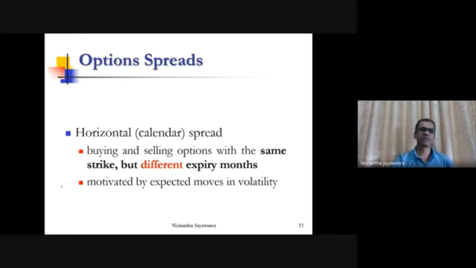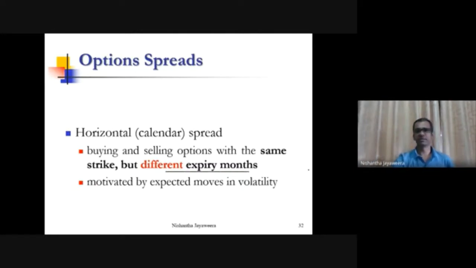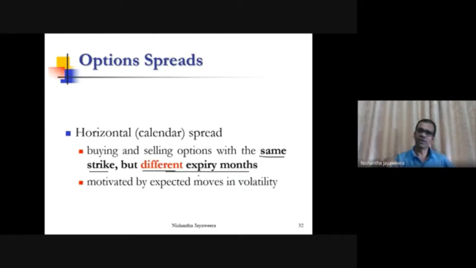So next one is the horizontal spread, or we call it a calendar spread as well, because we get the spread due to different expiry months. We don't use the same expiry in this case, but the same strike with different expiries. When we do this is when we have expectations on the moves or changes in volatility.